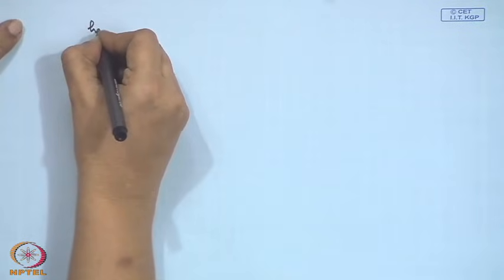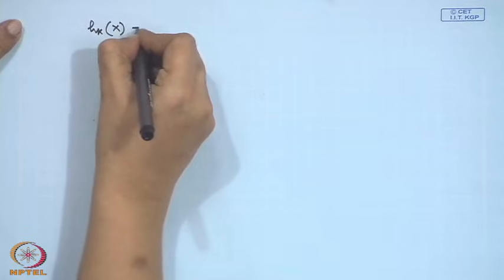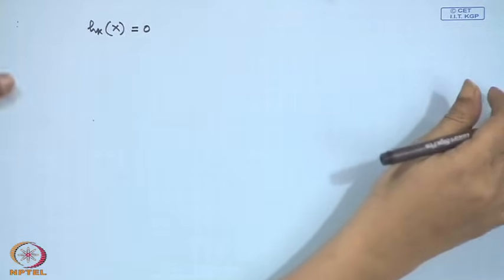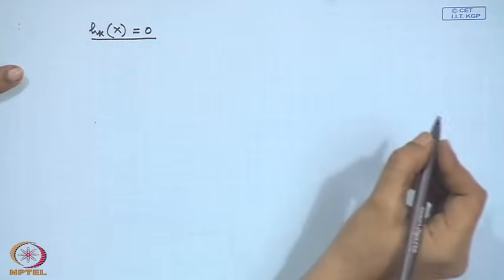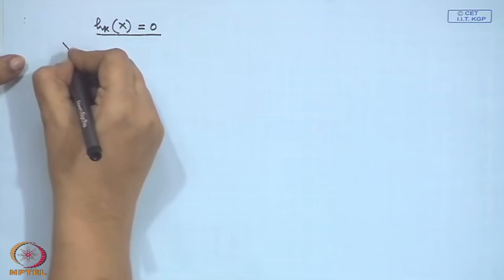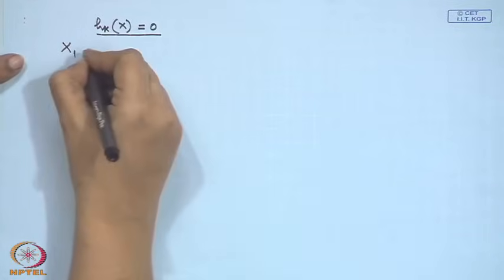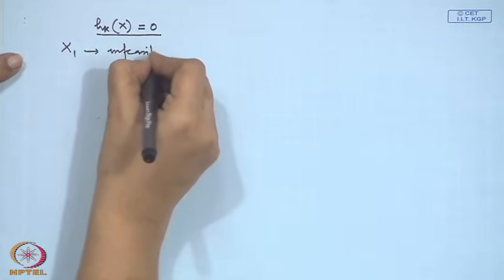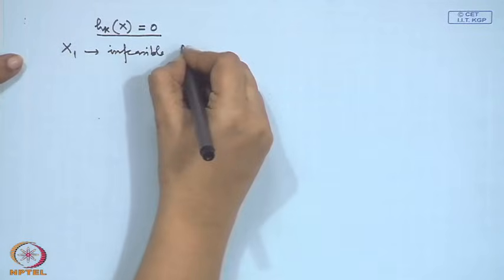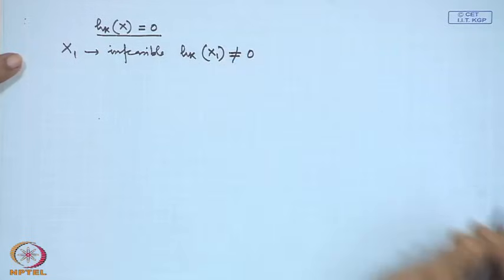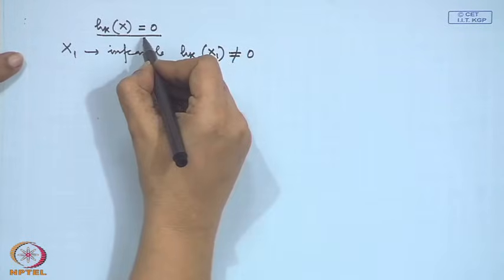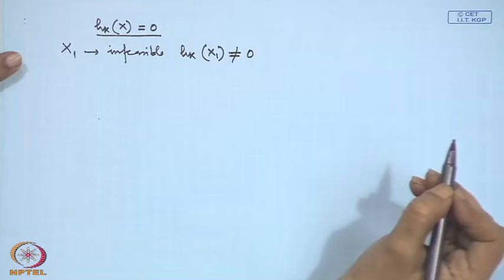Now, let us see how the penalty term comes in for the equality constraints. These are the equality constraints, and an iterative process is running. If in the process there is a solution, say x1, which is infeasible, then at the point x1, at least one of the h_k(x1) will not be satisfied, because only if all are satisfied is this a feasible point, otherwise it is infeasible.